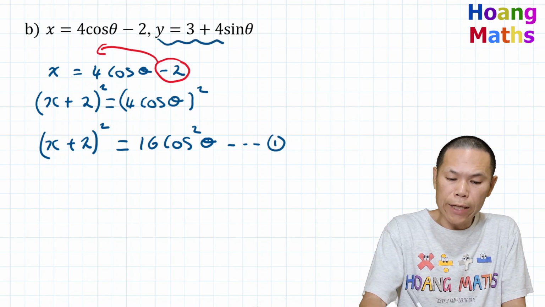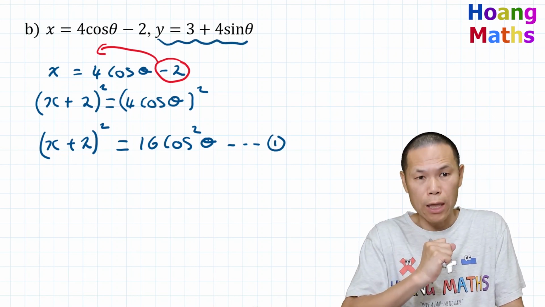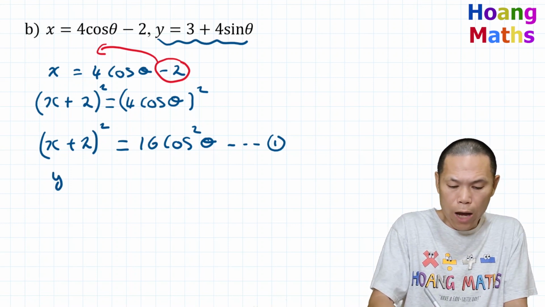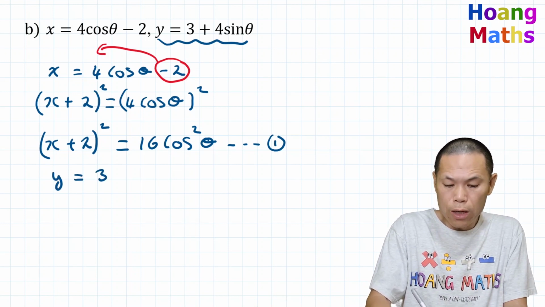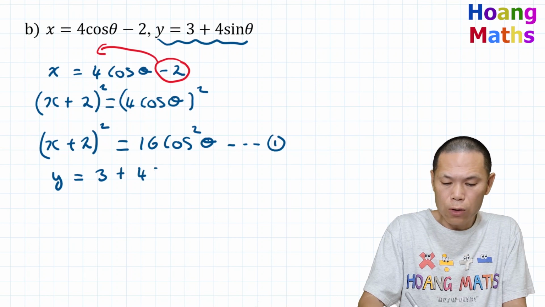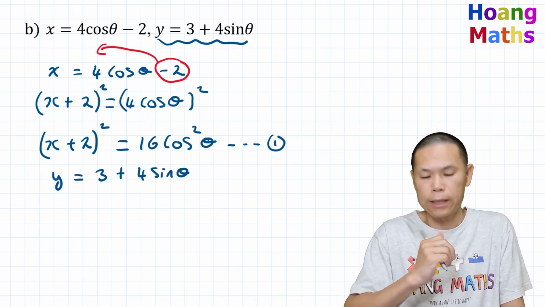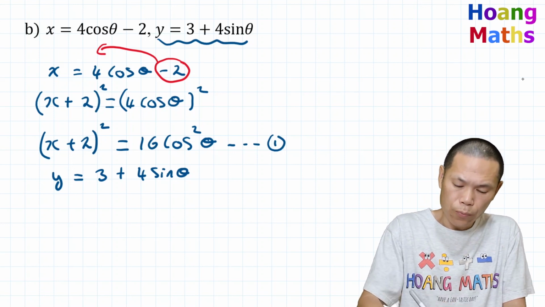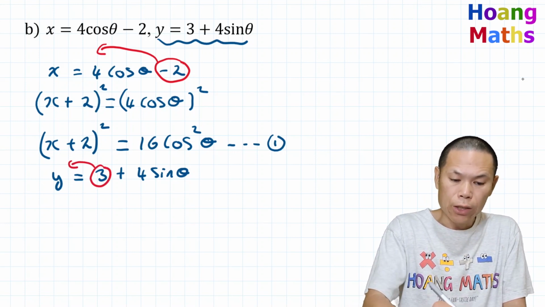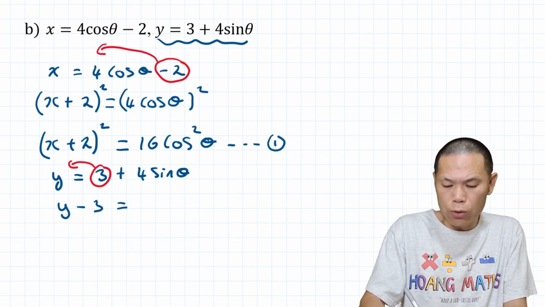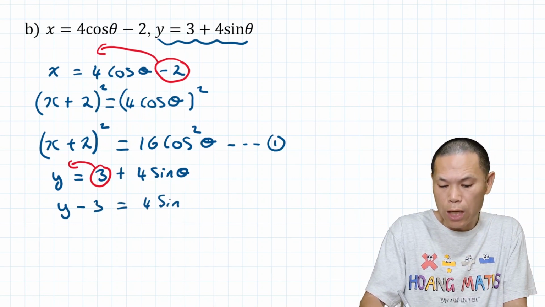Then for y is equal to 3 plus 4 sine theta, let me quickly write this down first. y is equal to 3 plus 4 sine theta. I make 4 sine theta the subject, so I move this to that side. That will give me y minus 3 is equal to 4 sine theta.